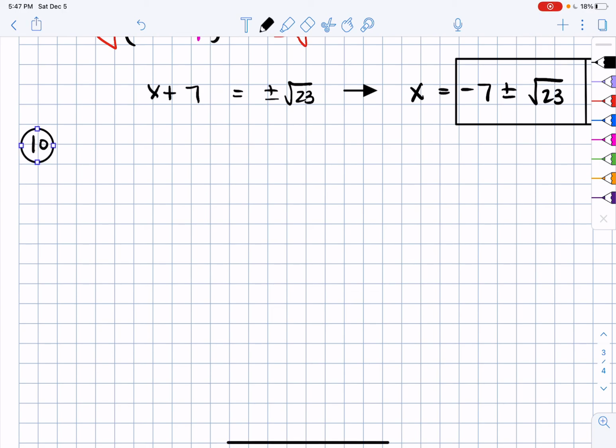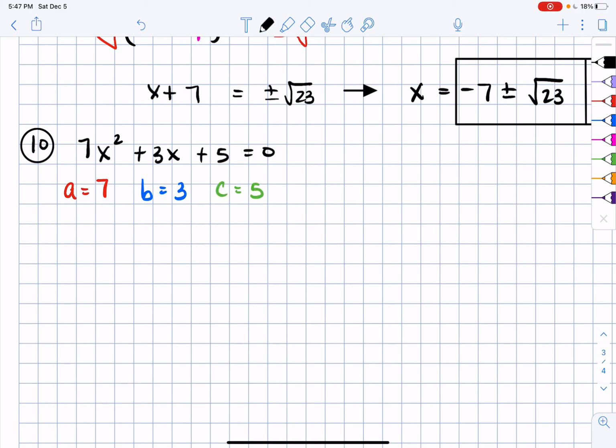Awesome. So 10 wants you to use the quadratic formula on 7x^2 + 3x + 5 = 0. So I have a equal to 1. I'm sorry, let's try that again. A is equal to 7, b is equal to 3, and c is equal to 5.